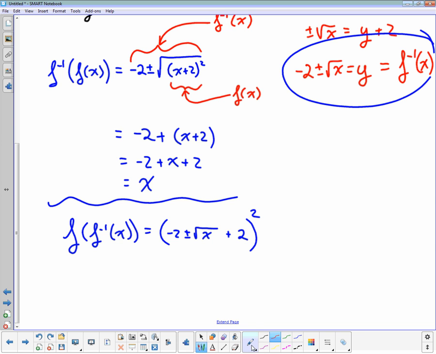So as you can see, that's my inverse. And I've just done a little simplification. And whether or not I'm dealing with the positive case or the negative case, it's still going to come out to be a positive anyway.